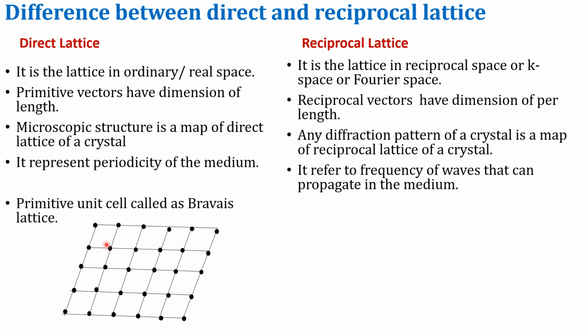Here the smallest unit of volume V represents a primitive unit cell, and such a unit cell in the direct lattice is known as the Bravais lattice. It is a Bravais lattice since the environment about each and every point is the same throughout the structure. Therefore, it is a Bravais lattice of the direct lattice.